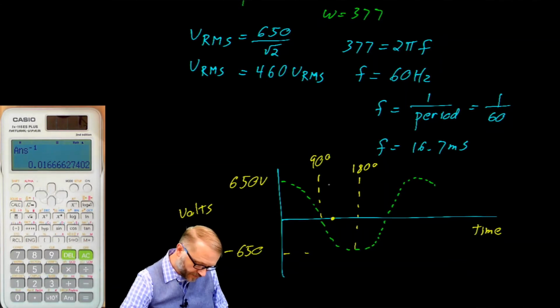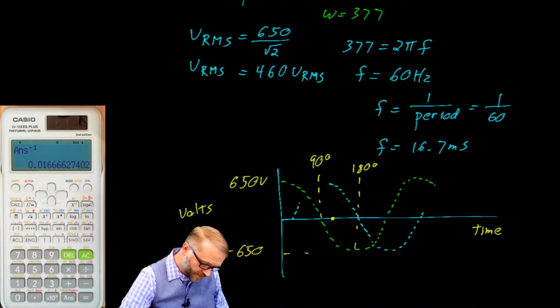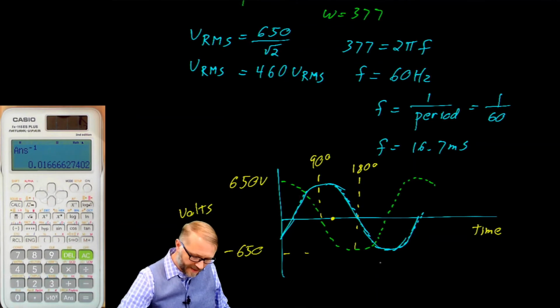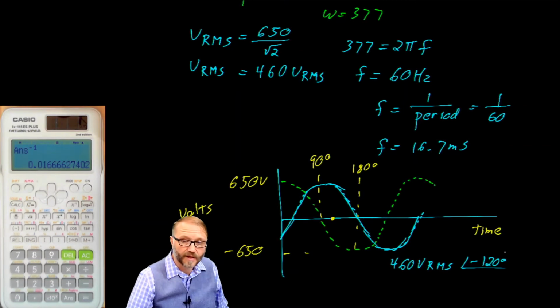So our waveform would start with a peak there. So this right here is our waveform of interest. And we would describe that as 460 volts RMS with a phase angle of negative 120 degrees because it occurs late. It's a delayed waveform.